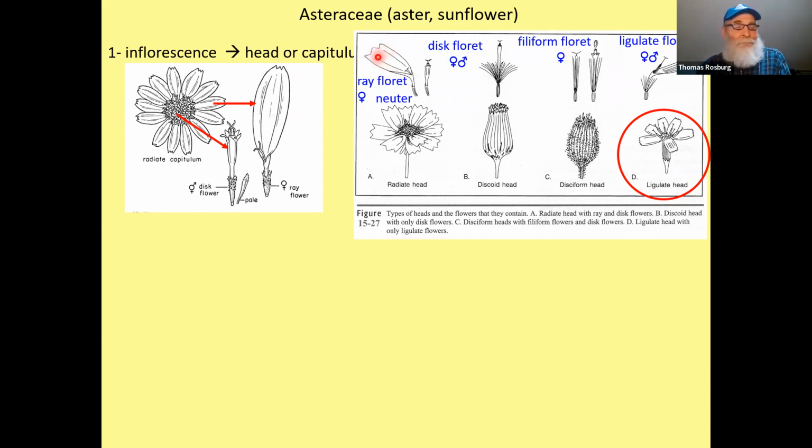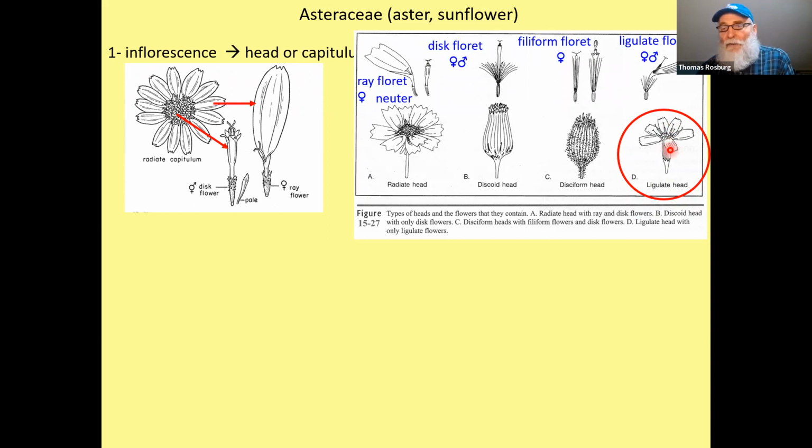So it had a 5-petaled corolla at one time, but through reduction, 2 of those petals were lost, and we have 3 petals left that become fused together to form this structure. Over here in the ligulate flower or floret, you'll see this very easily in some pictures, but this is formed from 5 petals.